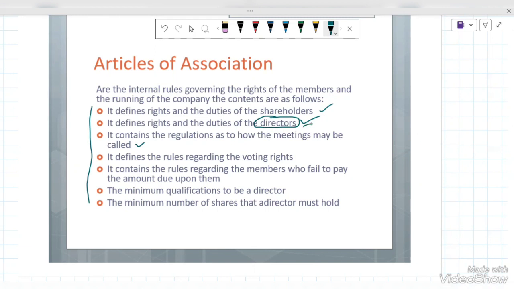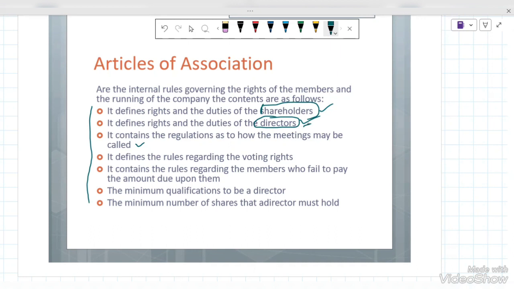Shareholders basically bear this responsibility, which is very crucial, and they have to be at risk, because once they select the number of directors.